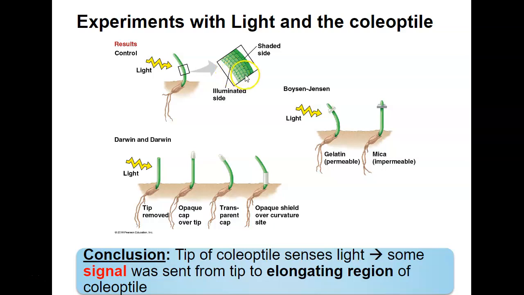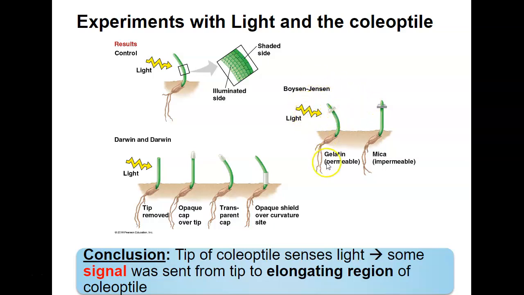So the light side has shorter cells, the dark side has longer cells, and when that happens, it causes a bending towards the light. And there were various other things that would happen in other experiments.